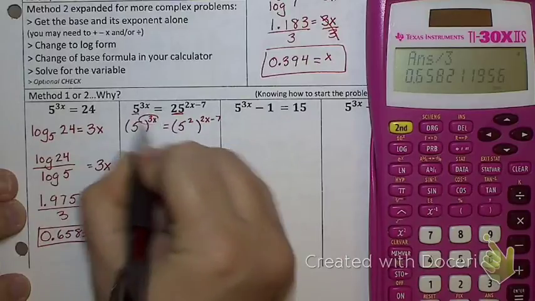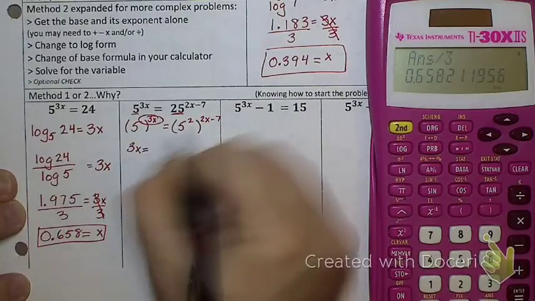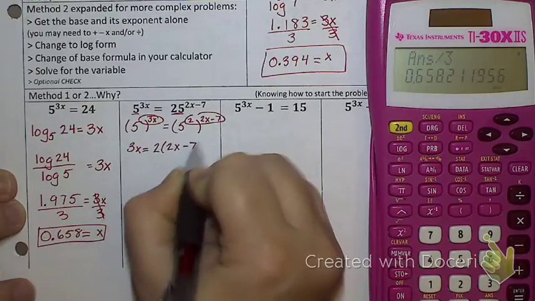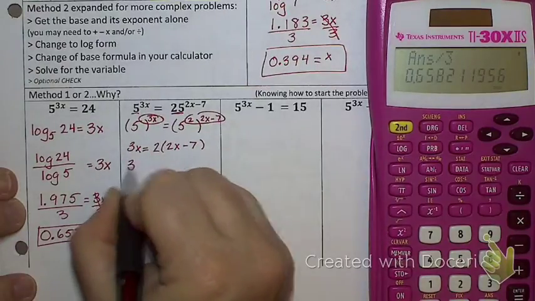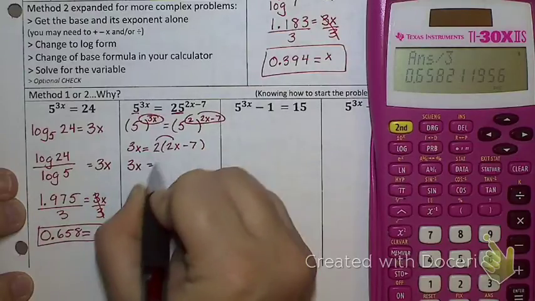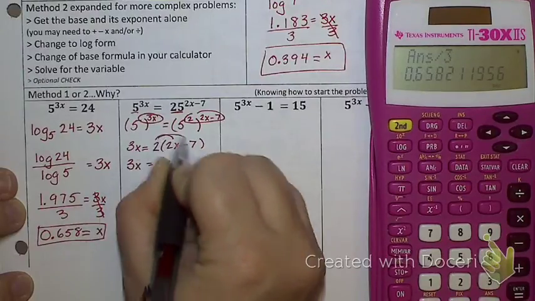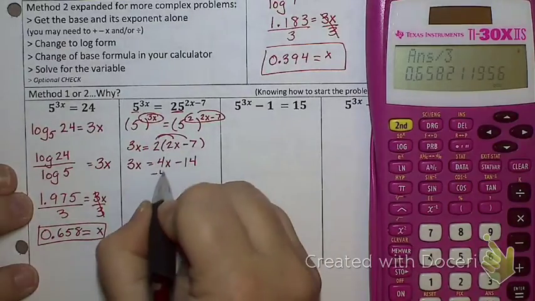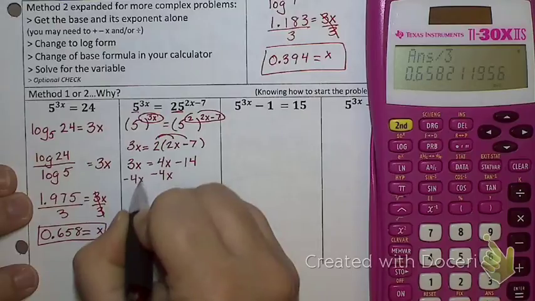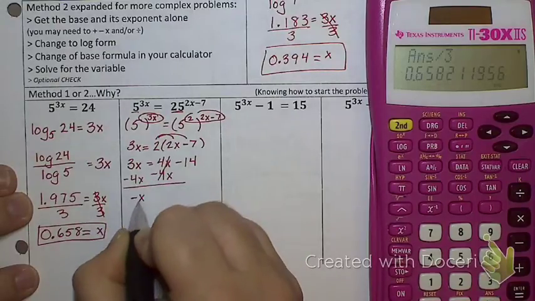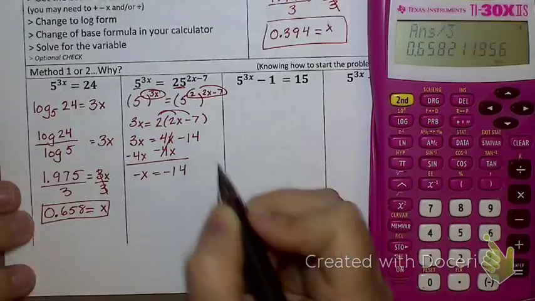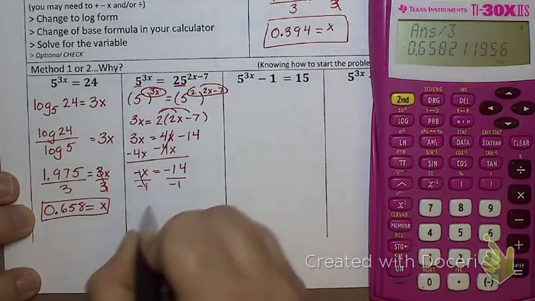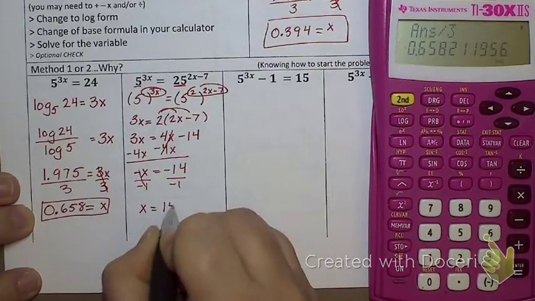So 3x equals 2 times 2x minus 7, right? 3x equals what? 4x minus 14. I'm going to go ahead and subtract 4x. Yes, that will get me a negative x, but that's okay. Negative x equals negative 14. I can either multiply both sides by negative 1 or divide them both by negative 1. Either way, I get x equals positive 14.